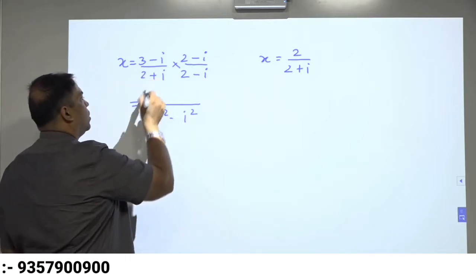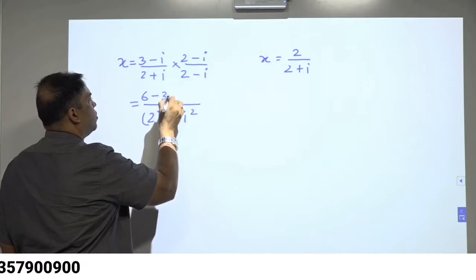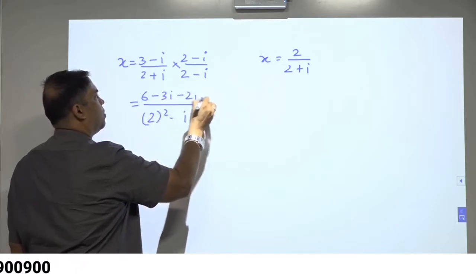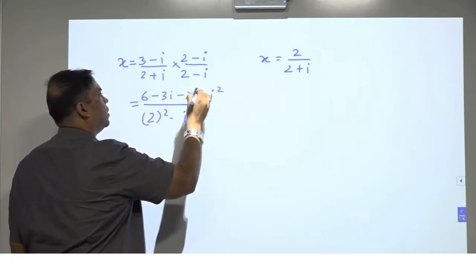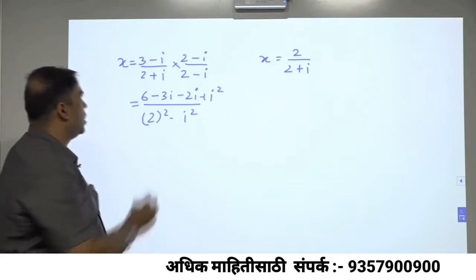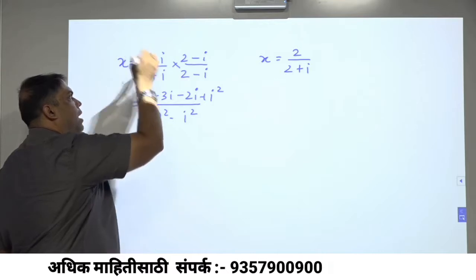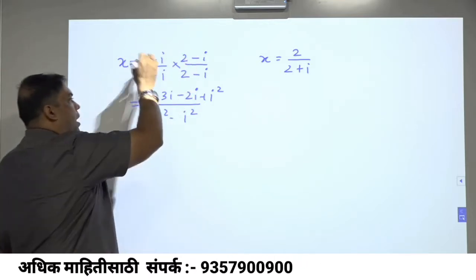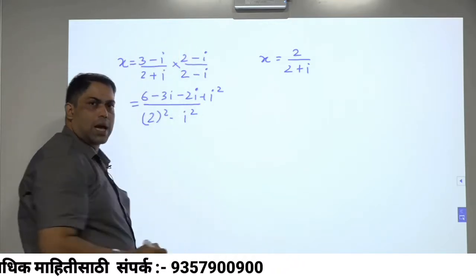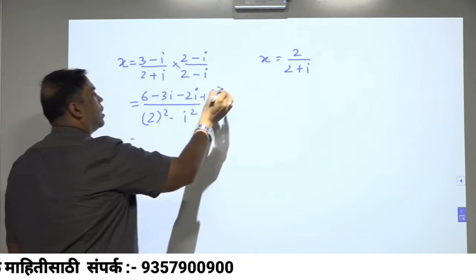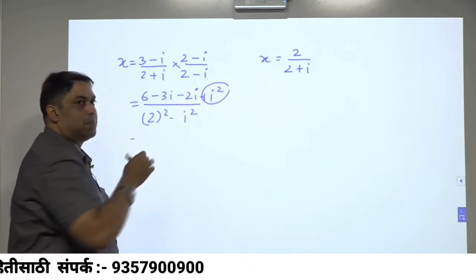Yes. So 6 minus 3i minus 2i plus i squared. See, 3 into 2 is 6, 3 into minus i is minus 3i, minus i into 2 is minus 2i, minus i into minus i is plus i squared. Now even though it is plus i squared, it will still be minus 1.